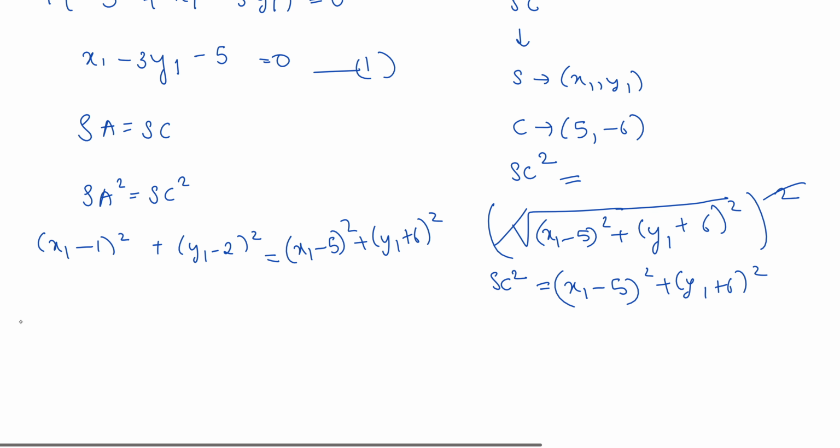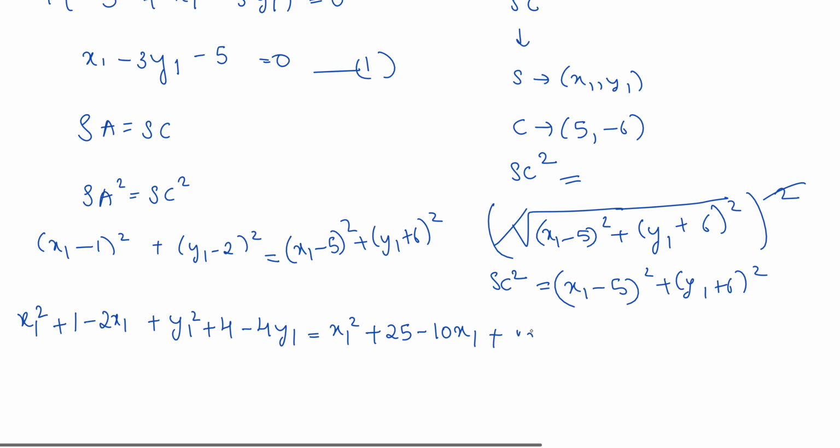Now let's expand. (x1 minus 1) whole square is x1 square plus 1 minus 2x1, plus (y1 minus 2) whole square is y1 square plus 4 minus 4y1, is equal to x1 square plus 25 minus 10x1 plus, expanding (y1 plus 6) whole square, y1 square plus 36 plus 2 into y1 into 6, 12y1.